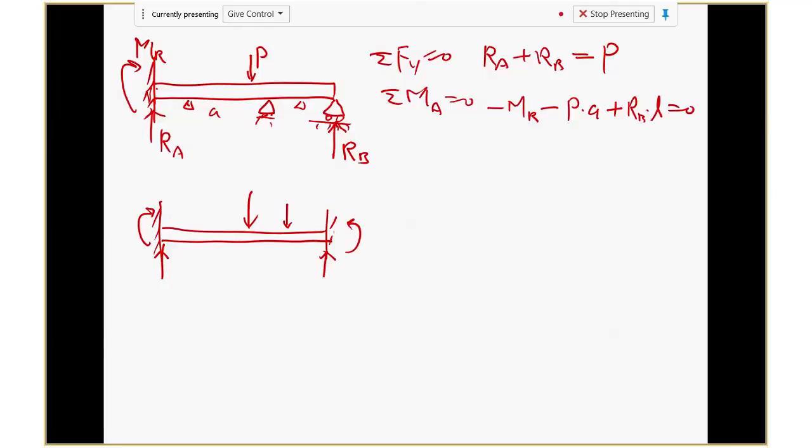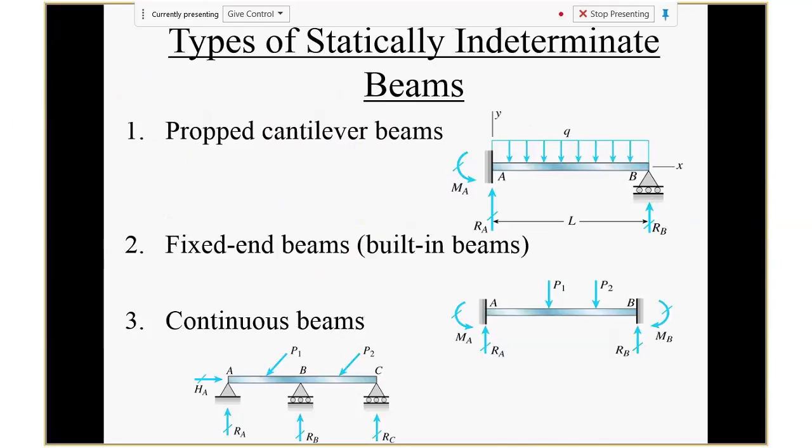How many unknowns? 4 unknowns. How many equations do you have? 2. So what's the degree of indeterminacy? 2, right? Because you have 2 extra unknowns there.